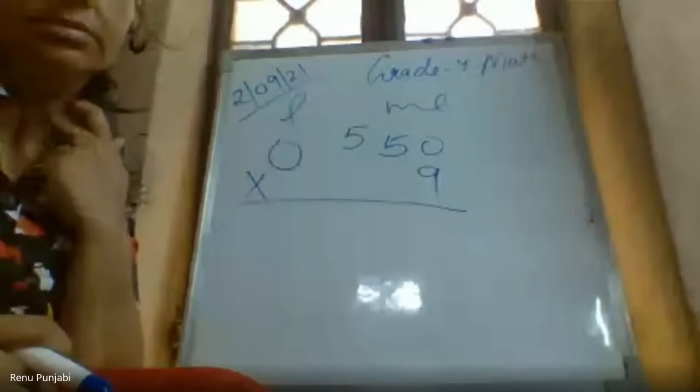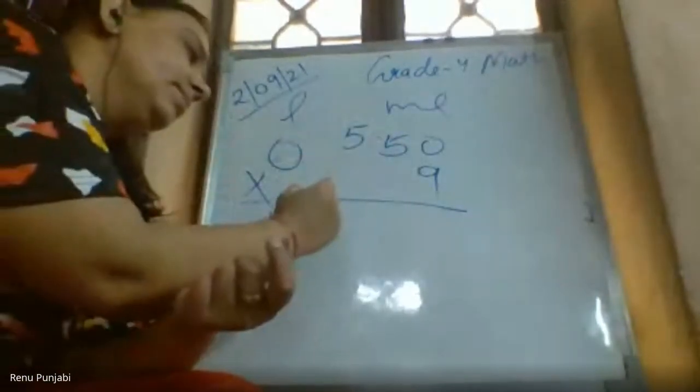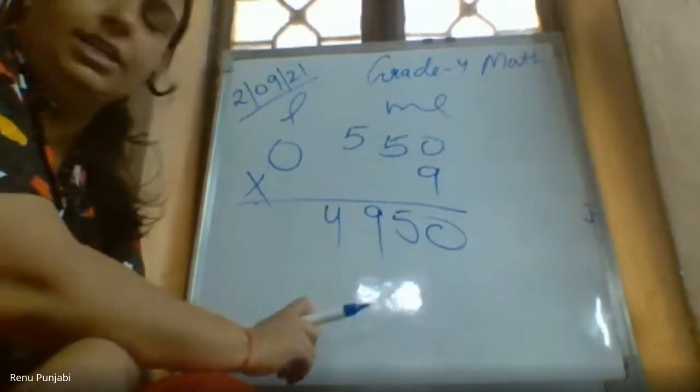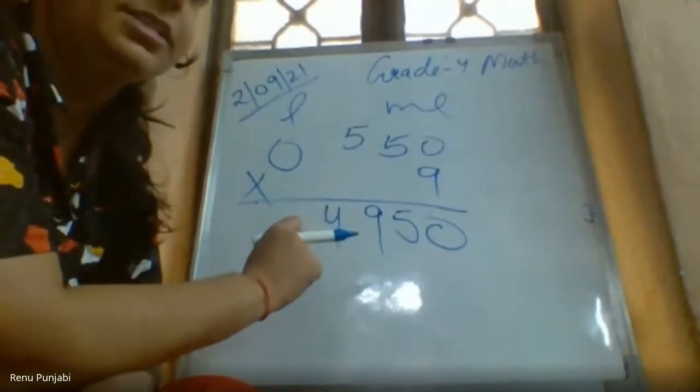So 550 into 9, the answer is 4,950 milliliter. Just check, bacha. 4,950 milliliter. So how many liters and how many milliliters? 4 liter 950 milliliters. So the answer is he can consume 4 liter 950 milliliter Coca-Cola in 9 days.